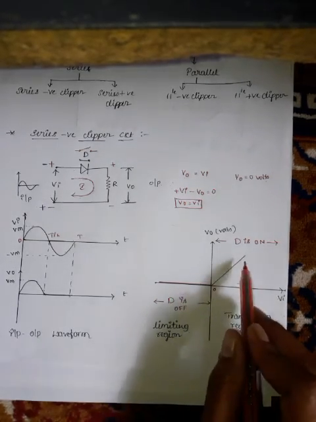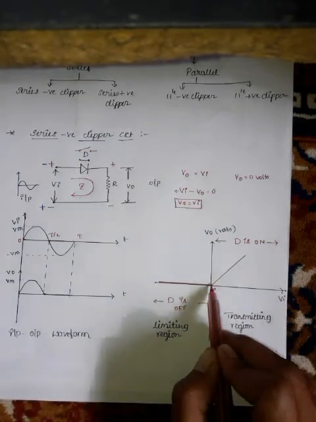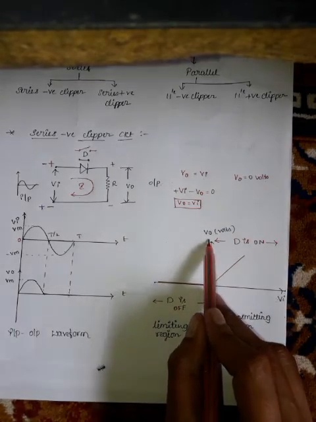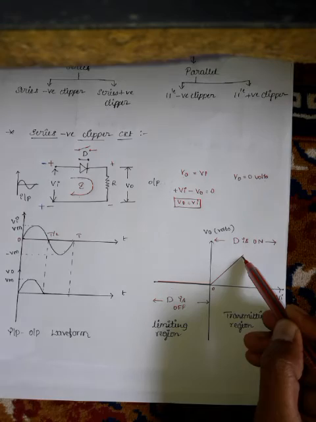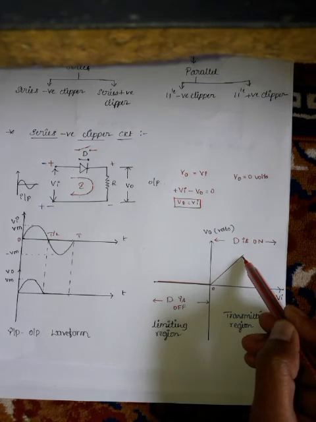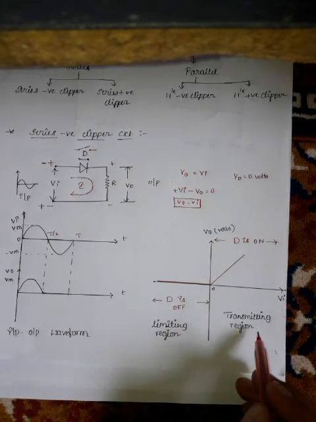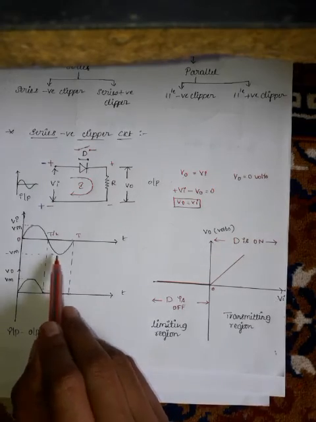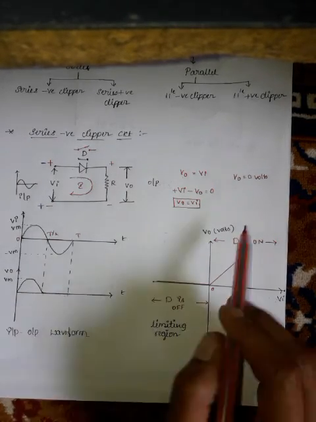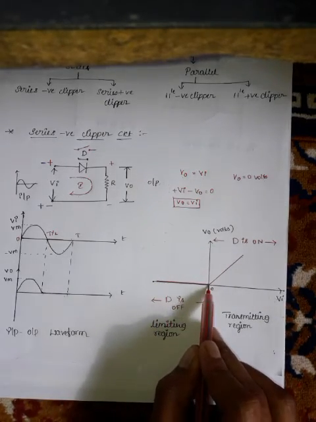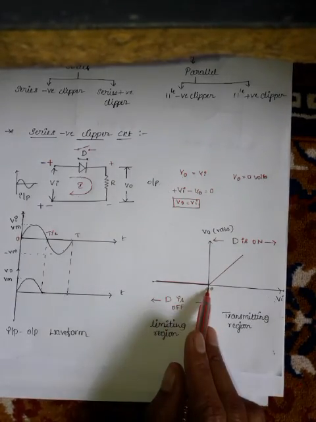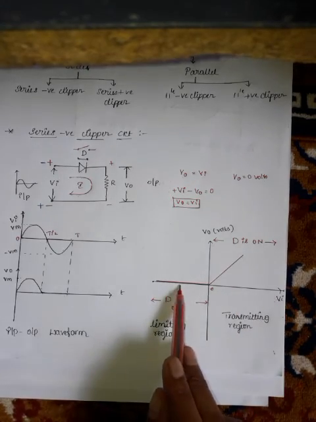So whatever value we have for the input, the same thing we get for the output voltage. This is the graph of output voltage during the positive half cycle. During the negative half cycle, the output voltage is equal to 0, that is V naught is equal to 0. So this is the graph during the negative half cycle, where the input is negative.